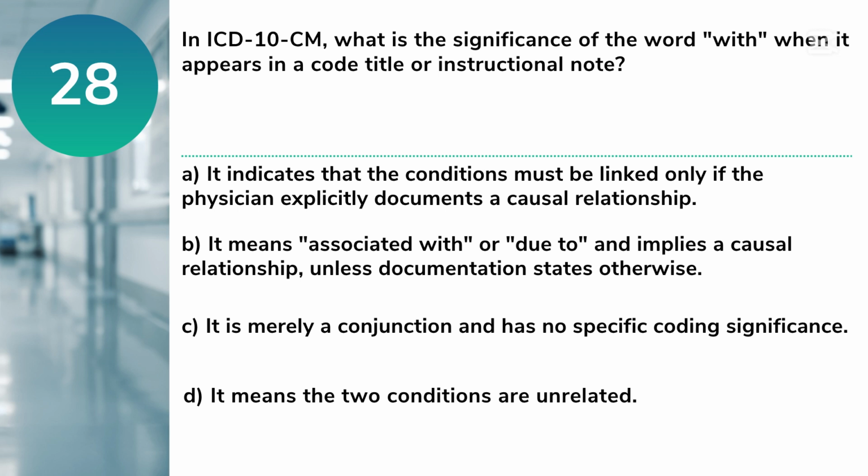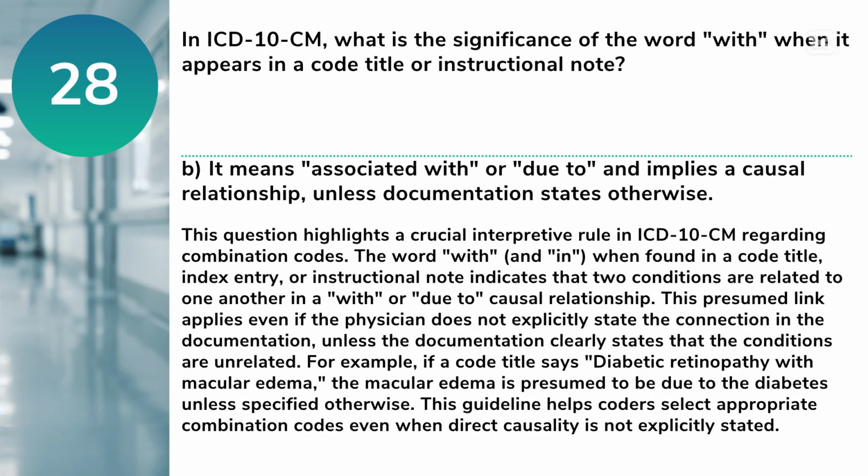C. It is merely a conjunction and has no specific coding significance. D. It means the two conditions are unrelated. Answer: B. It means associated with or due to and implies a causal relationship, unless documentation states otherwise.